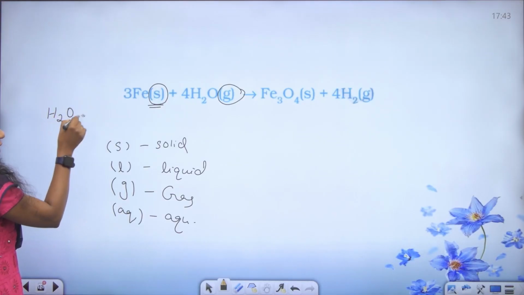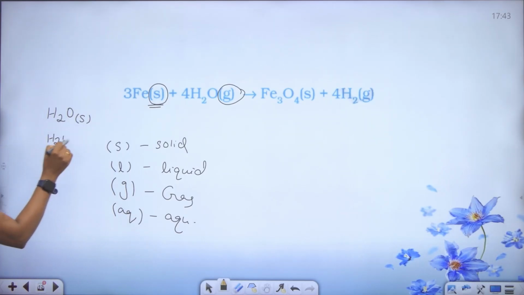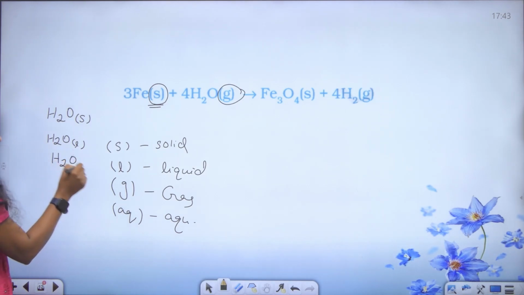H2O(s) indicates water in the solid state, that means ice. H2O(l) indicates water in liquid state, normal water. And H2O(g) indicates water in the gaseous state, that is water vapor or steam.